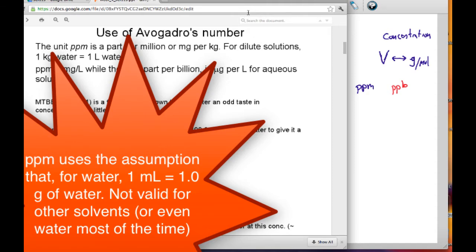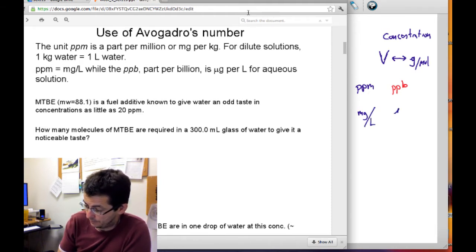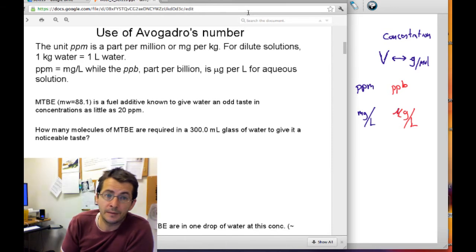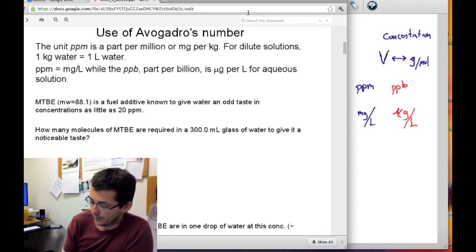These two quantities are used for representing milligrams per liter, or micrograms per liter. In reality, they're actually derived from the mass of solution.